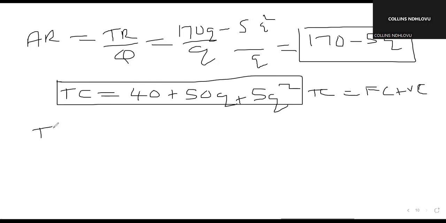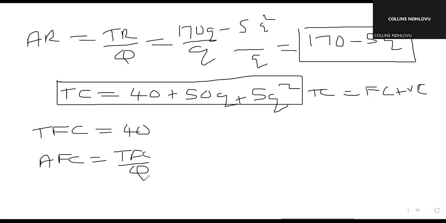So in here, what is the total fixed cost? The 40. The one which has no letter. Okay, meaning average fixed cost is simply, remember the formula, total fixed costs divided by what? Quantity. So in this case, when you divide 40 over quantity, that's called our average fixed cost.